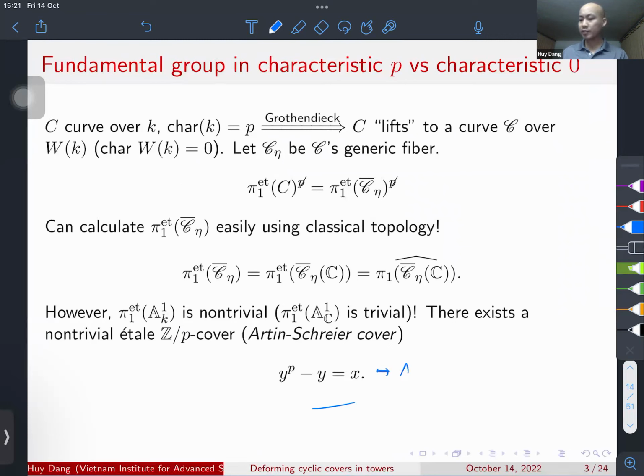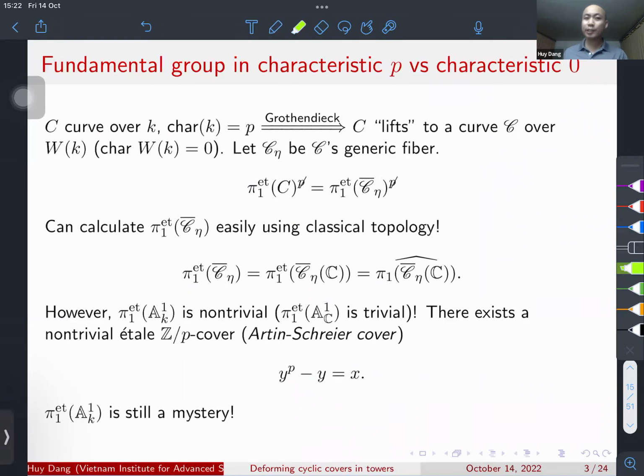This one is called an Artin-Schreier equation. We identify A^1_K with the spectrum of K[x]. The equation here gives you a Z/p cover, hence it contributes to the étale fundamental group, and it is non-trivial.